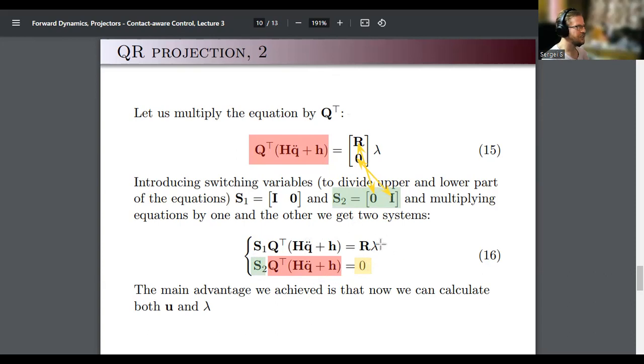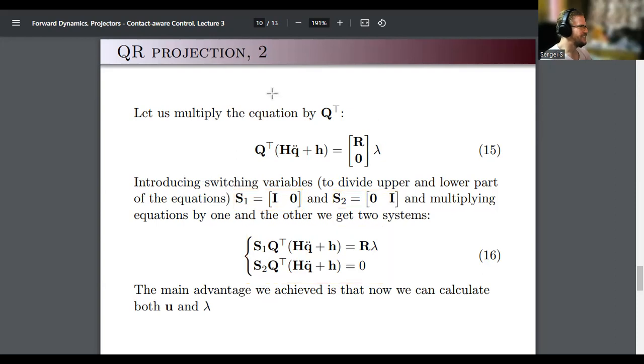So this matrix cuts off the upper part and leaves the lower part of the matrix. But the lower part in this case is 0, so all we get is 0. So we get two equations, which are exactly equivalent to the original equation, because the original equation we multiplied by the identity matrix. Notice those two, when stacked together, are just identity.